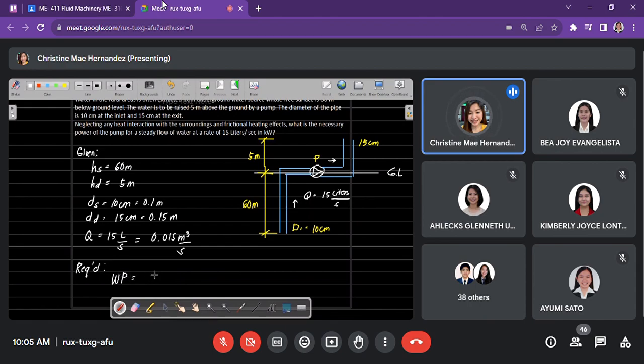So, pag sinabing water power, YQTDH or yung ating specific weight of the fluid times the volumetric flow rate times the total dynamic head. YQTDH. So, ito lagi nyo itong magagamit.